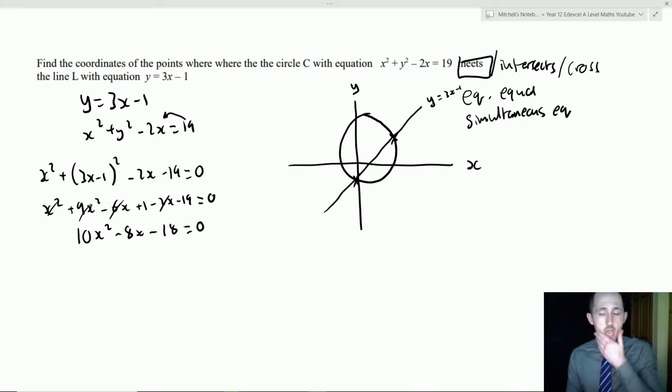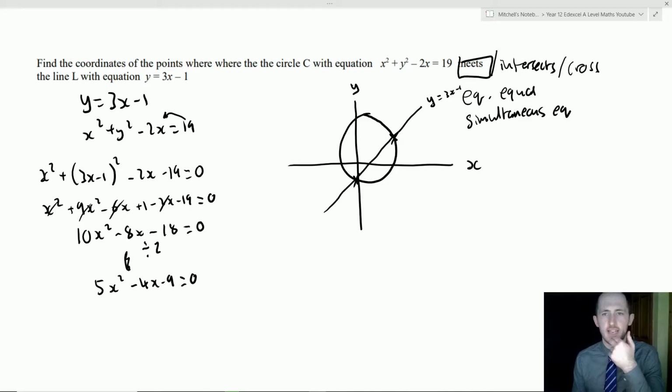Equals 0. You can choose whichever way you want to factorize this. It's a bit of a monster one. Or I can actually see... So one thing I can do to help out is all of this is divisible by 2, so I'm going to divide it by 2. I just spotted that. So 5x squared minus 4x minus 9 equals 0. So that makes factorizing it a bit easier.